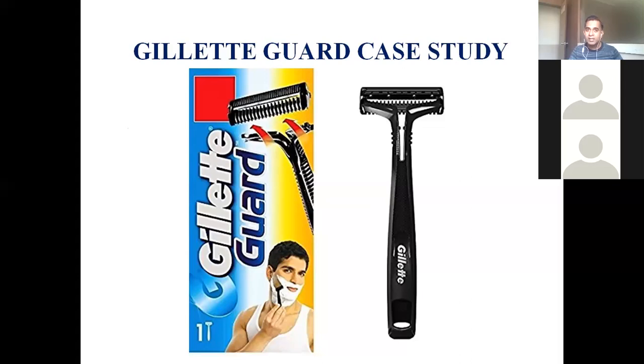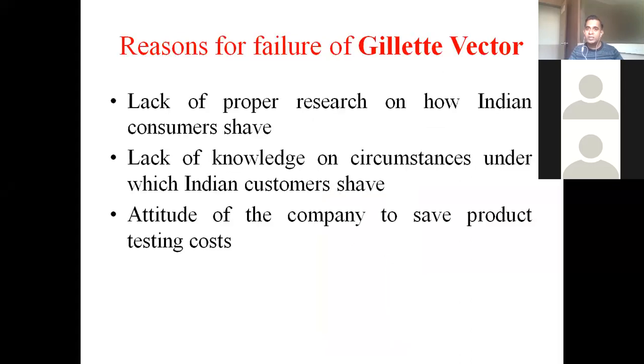The first one is Gillette Vector, a product different from Gillette Guard, which was launched before Gillette Guard. If a question like this is asked, what are the reasons for failure of Gillette Vector? Those who have read the caselet know that Gillette Vector failed in the Indian market, and those who have not read it, out of the question.